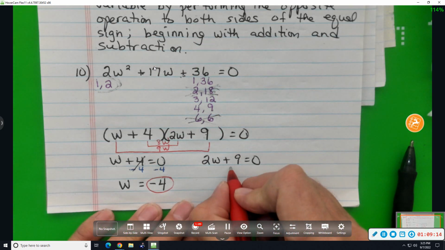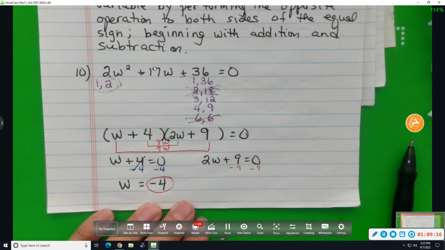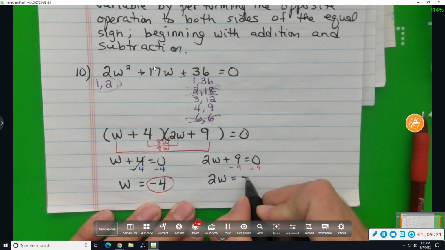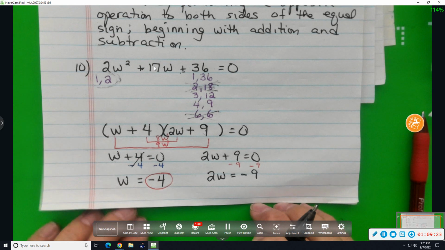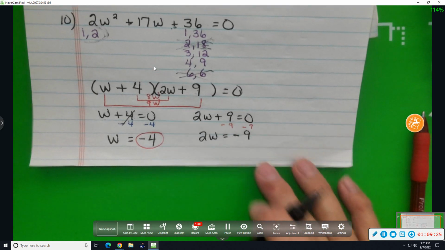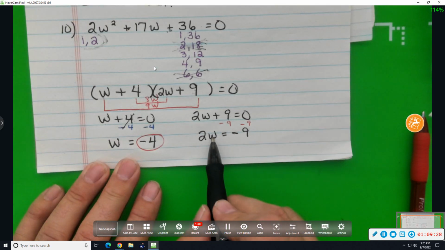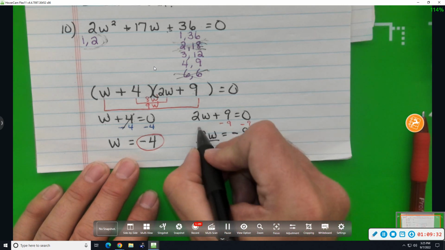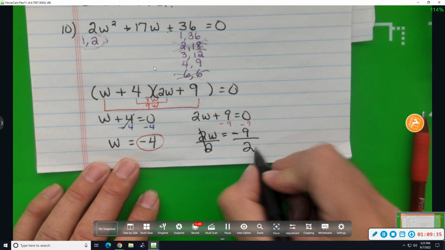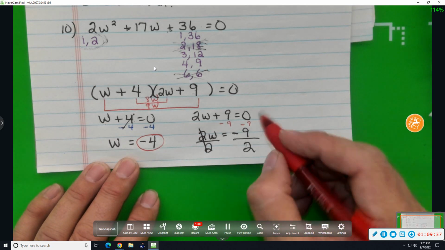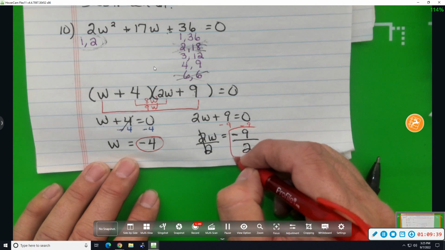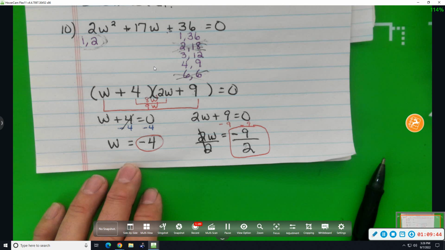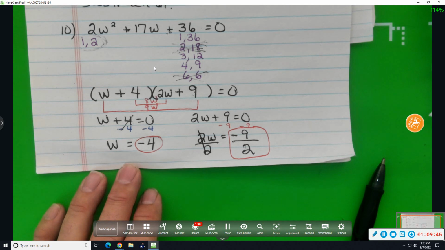So subtract 9 from both sides. So we have 2W equals negative 9. I know it's getting low down there. It's hard to see. And now what do I do to get the W by itself? I've got to get rid of this 2 by dividing both sides by 2. So we have a fraction, negative 9 over 2 is our second answer. Okay? Negative 4 and negative 9 over 2.